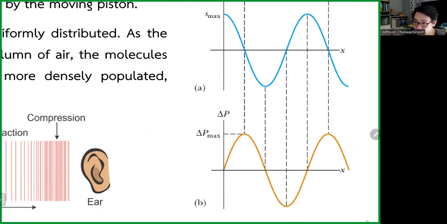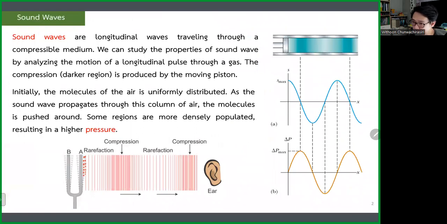The phase may be a little different, but I don't want to go too deep into this, because it's purely mathematics. Of course it gives you more insight into this type of wave, but in terms of headaches, I don't think we need to dive too deep, but that's what you need to know.